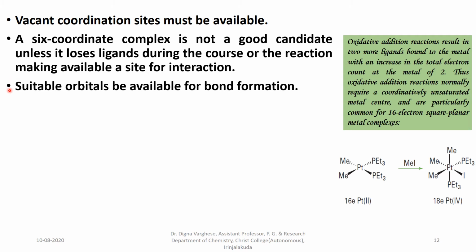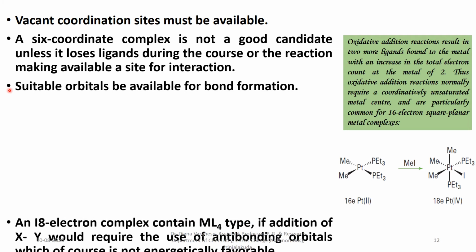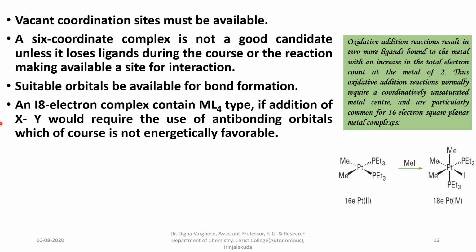Therefore, suitable orbitals should be available for bond formation. An 18-electron complex of ML4 type: addition of XY would require the use of antibonding orbitals, which of course is not an energetically favorable reaction.